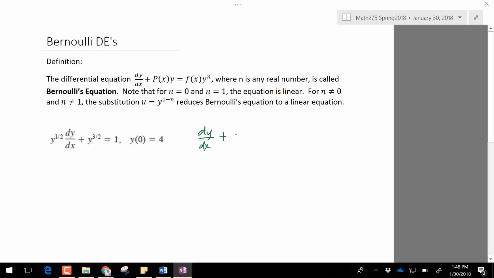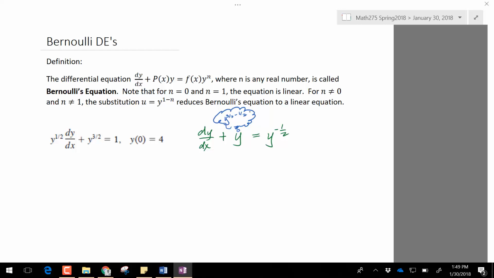So that's just equal to y, and then y to the negative 1/2 power. So y to the 3/2 divided by y to the 1/2 is like y to the 3/2 minus 1/2. You subtract the powers.